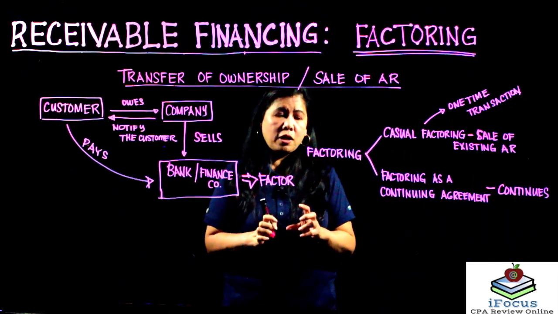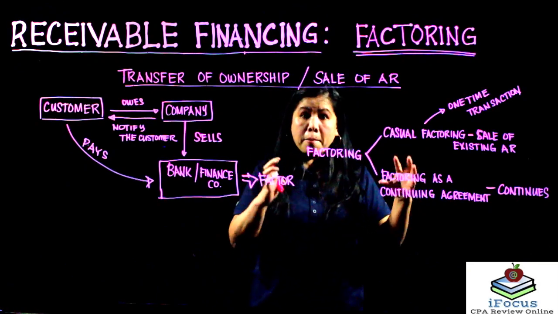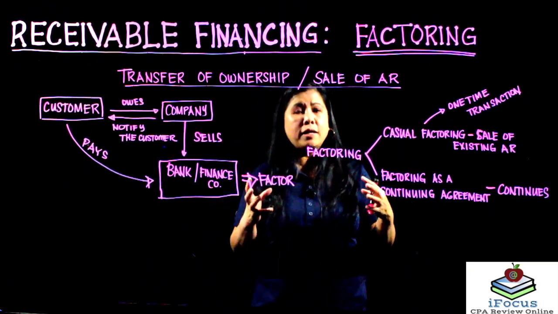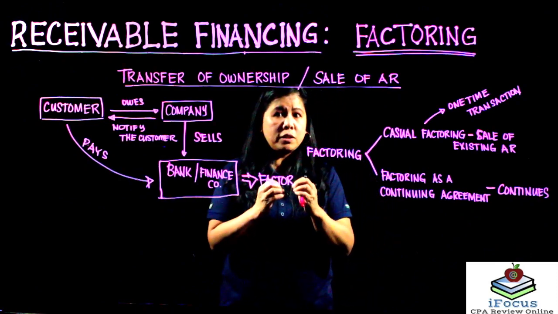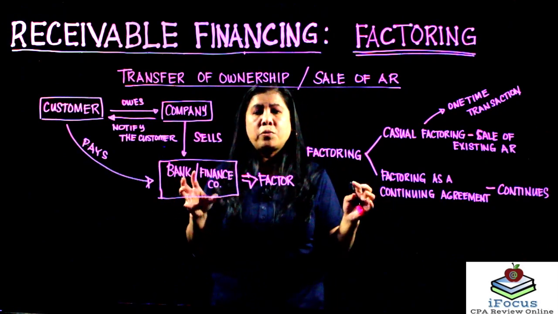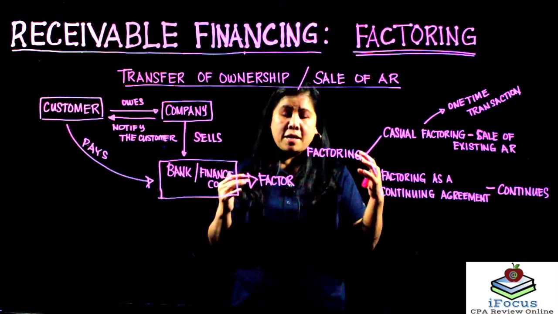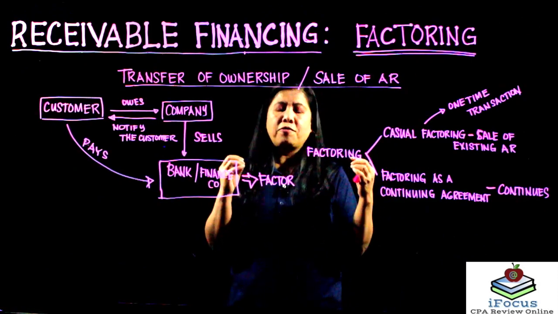So, sa accounting, itong casual factoring at factoring as a continuing agreement, magkaiba sila. So, in accounting, we are going to discuss the casual factoring and the factoring as a continuing agreement separately or individually kasi magkaiba sila ng accounting treatment ng factoring na ito.